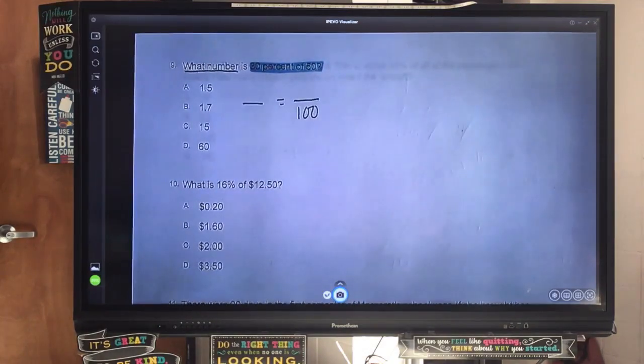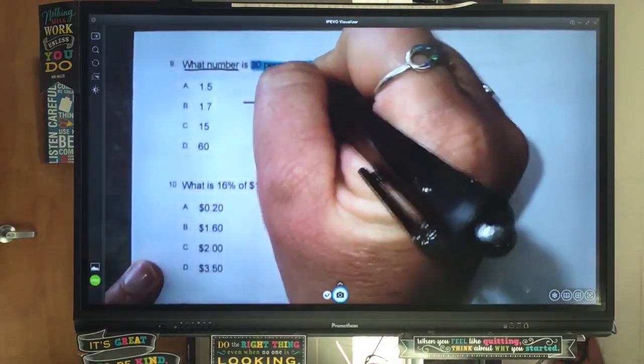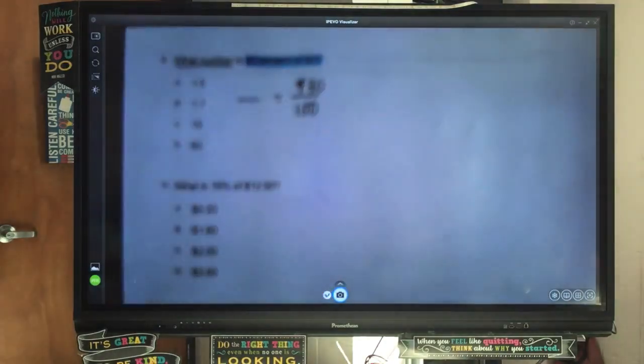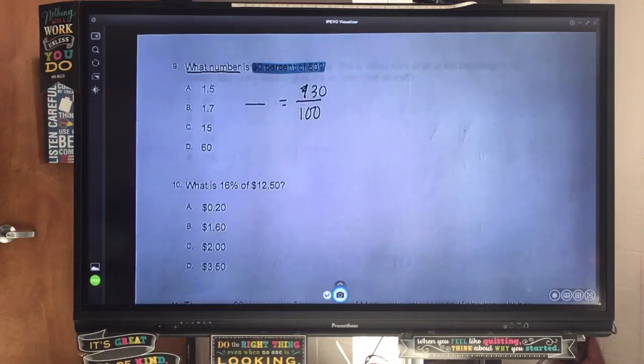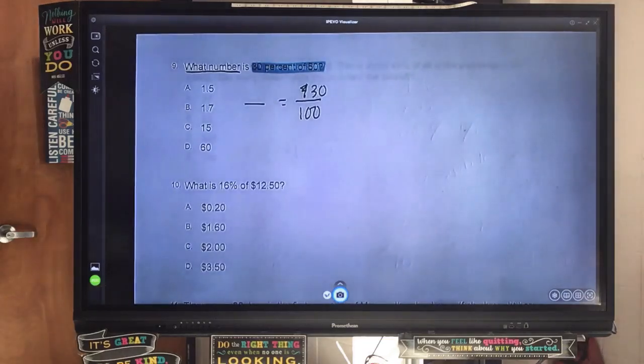But there's no percent sign after 30. Do you think that throws some people off because they don't see the percent sign? Is that why you were like, I'm not sure what to do? Okay. Just because there's no percent sign, if it's telling you it's 30%, it's still the percent.